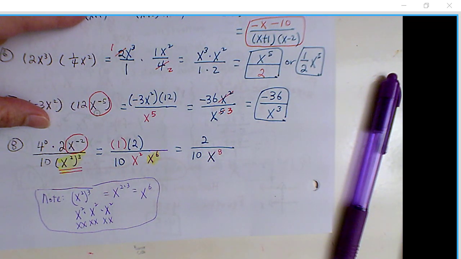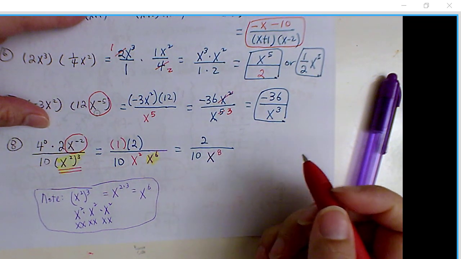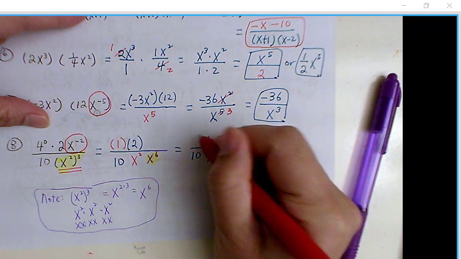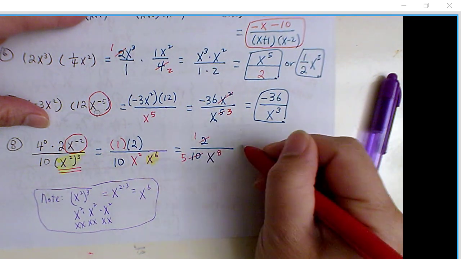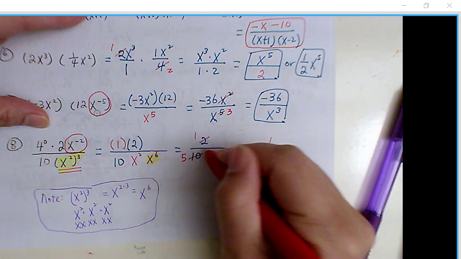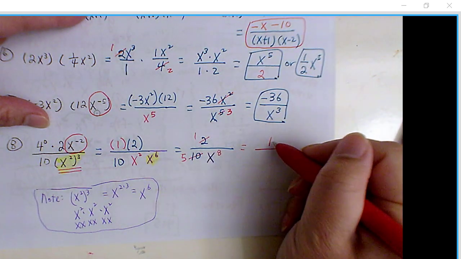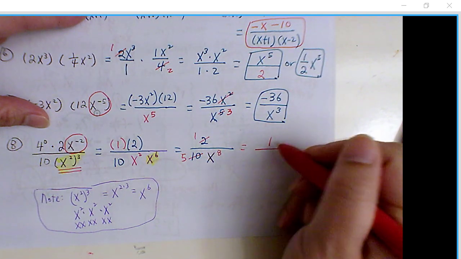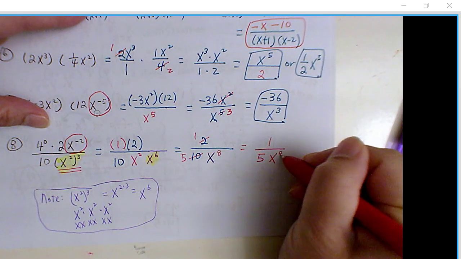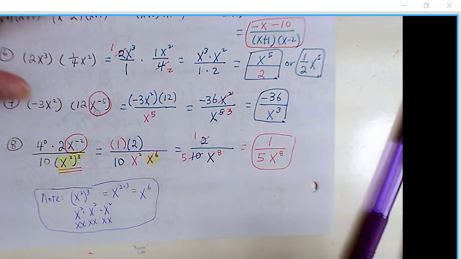Yes, we can reduce the number, right? Both of these numbers can be reduced by 2. So it's 2 times 1, 2 times 5, right? So the final answer would be 1 on top. So if you get rid of everything, you need to use the 1 to hold the place, okay? At the bottom, we have 5 times x to the 8th power. Are we okay? All right.